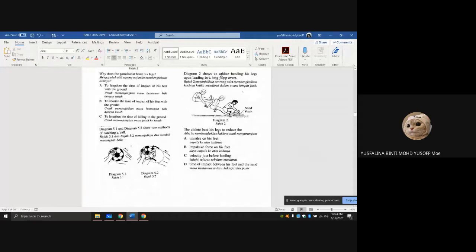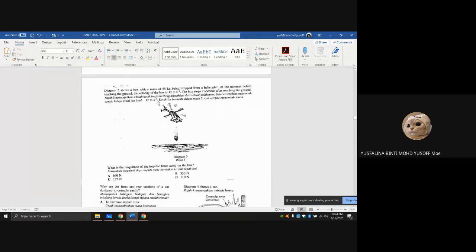Diagram 2 shows an athlete bending his leg upon landing in a long jump event. The athlete bent his leg to reduce the impulsive force on his feet. So the answer is B. For this one, try to calculate.